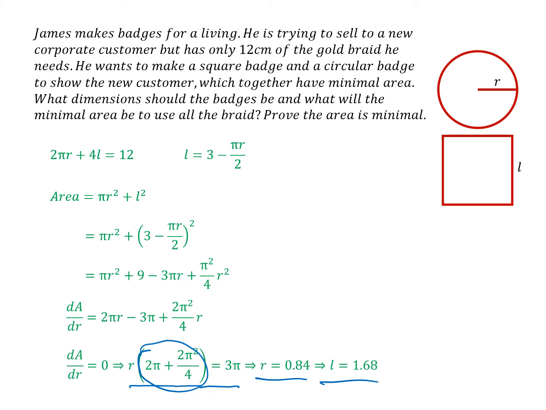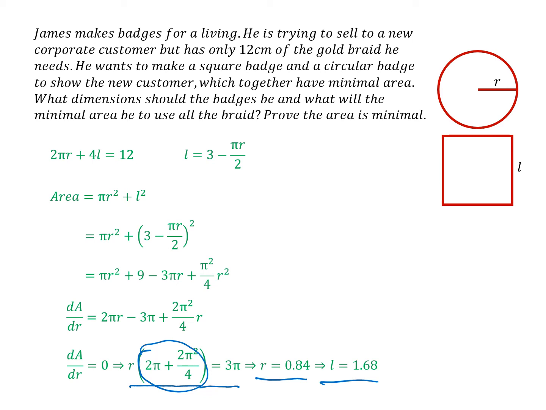So that says that the width of the circle and the width of the square have to be the same. Does that surprise you? It's quite an interesting result. I wonder if you can think why that might be.